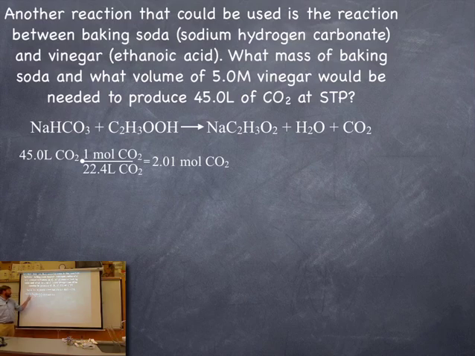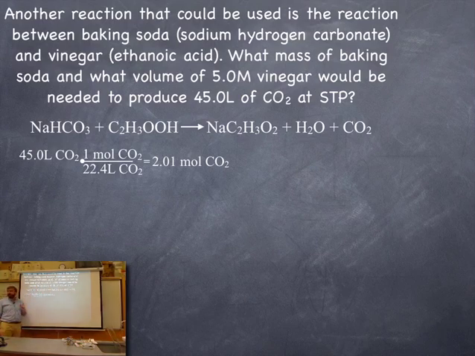So, 45 liters of carbon dioxide, that's how much carbon dioxide we want to make. That was the key piece of information to move forward with. That means that we have 2.01 moles of carbon dioxide. That's how much we want to make.